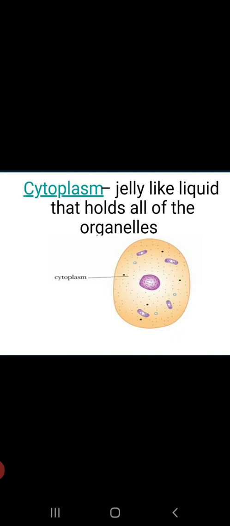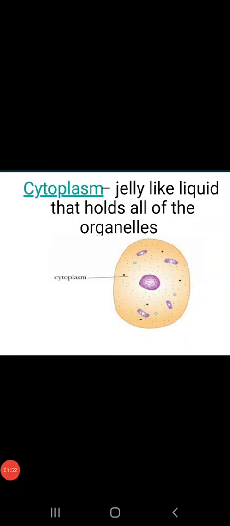Some examples of these cell organelles are mitochondria, Golgi bodies, ribosomes, and endoplasmic reticulum. These are specialized structures present within the cell in the cytoplasm. All the chemical reactions and functions of life take place in the cytoplasm, children. So cytoplasm is a very important part of the cell.